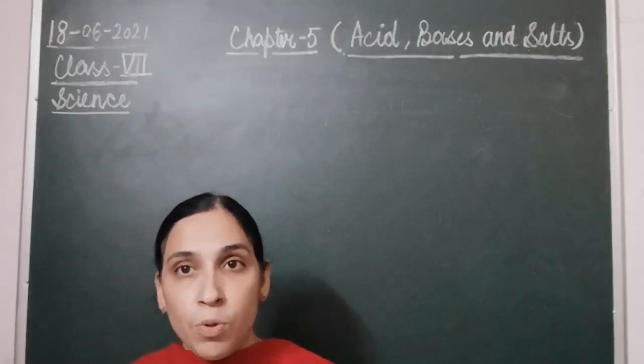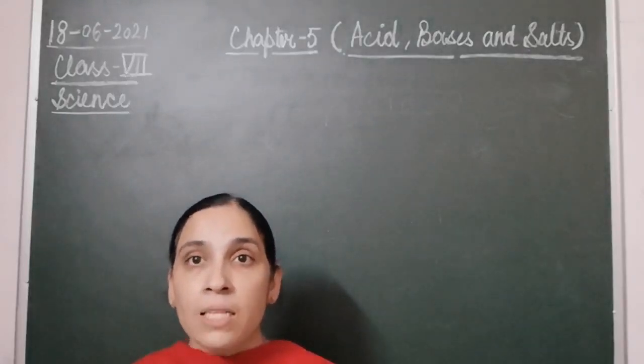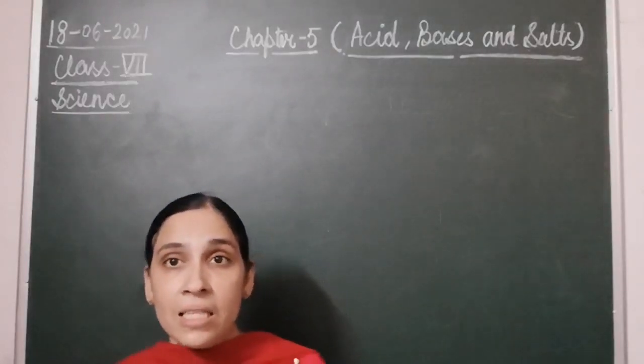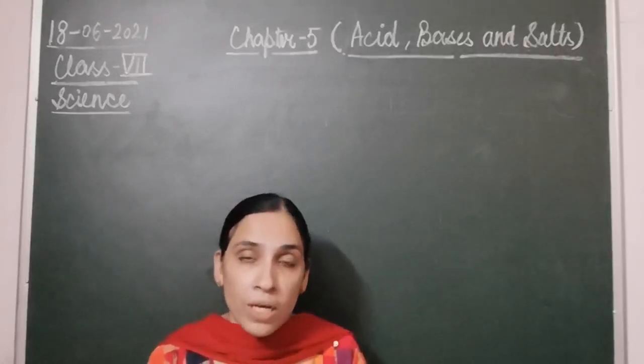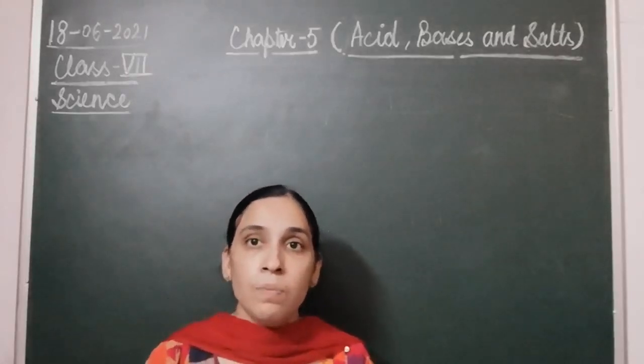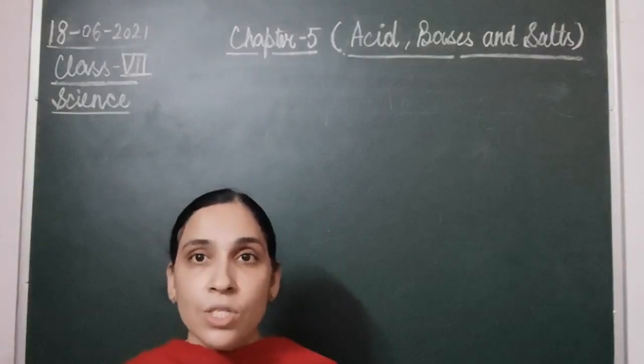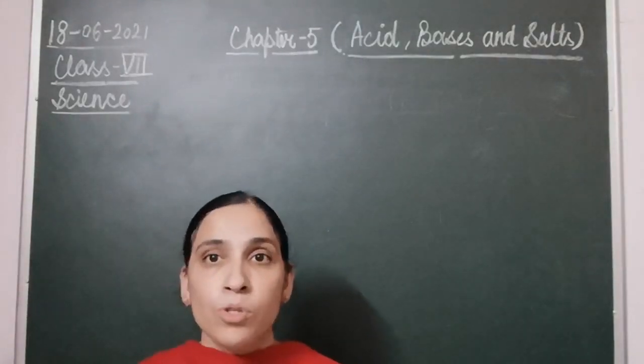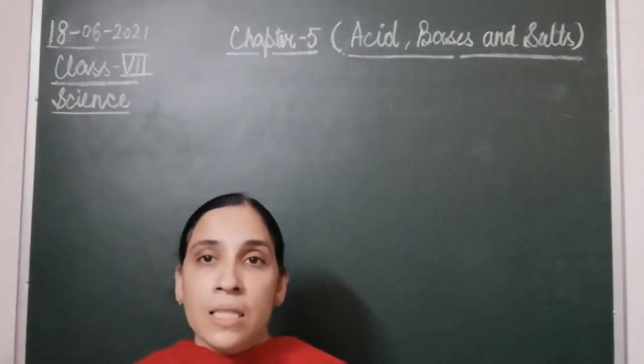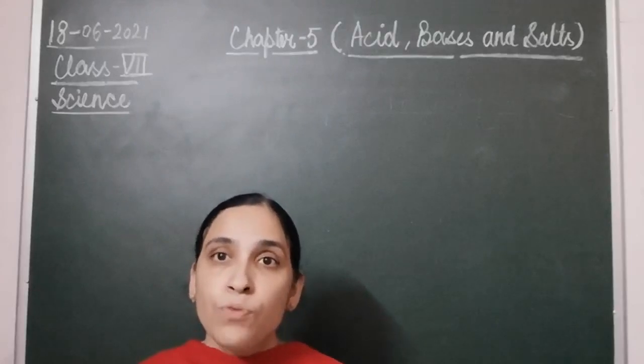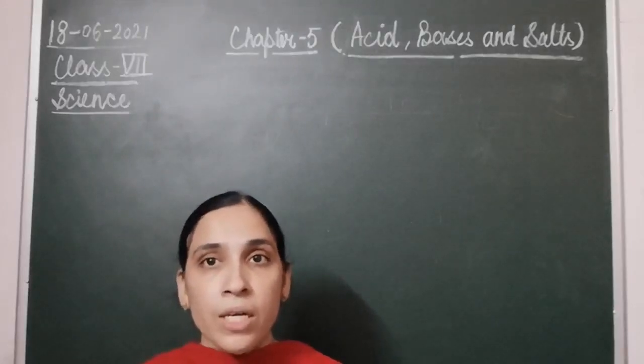Then we have done different properties. Then what are the different uses? Acidic things are quite dangerous in nature and can cause harm, but still these acids are useful to us. How are they useful?